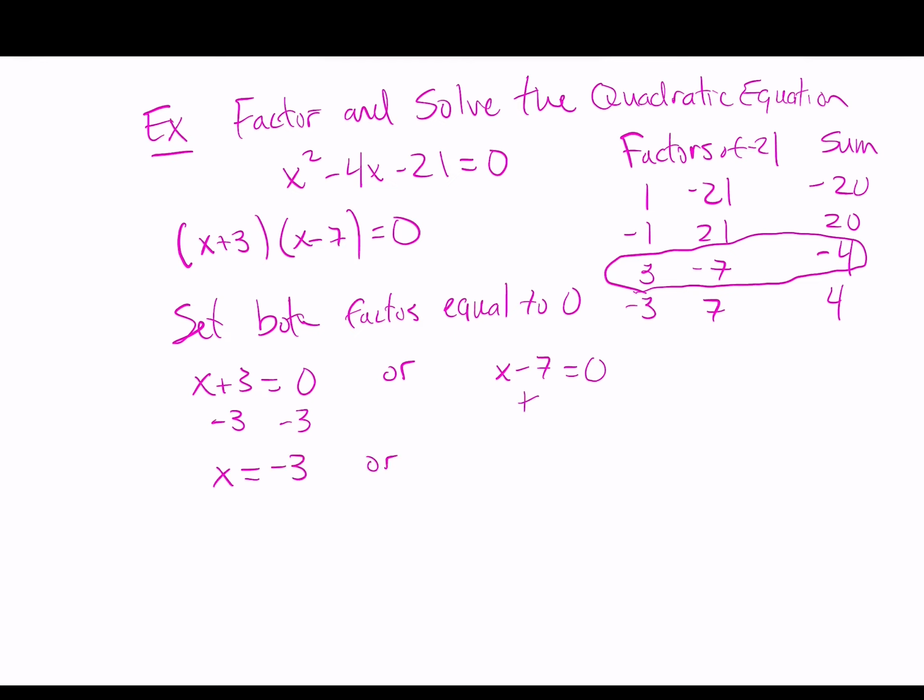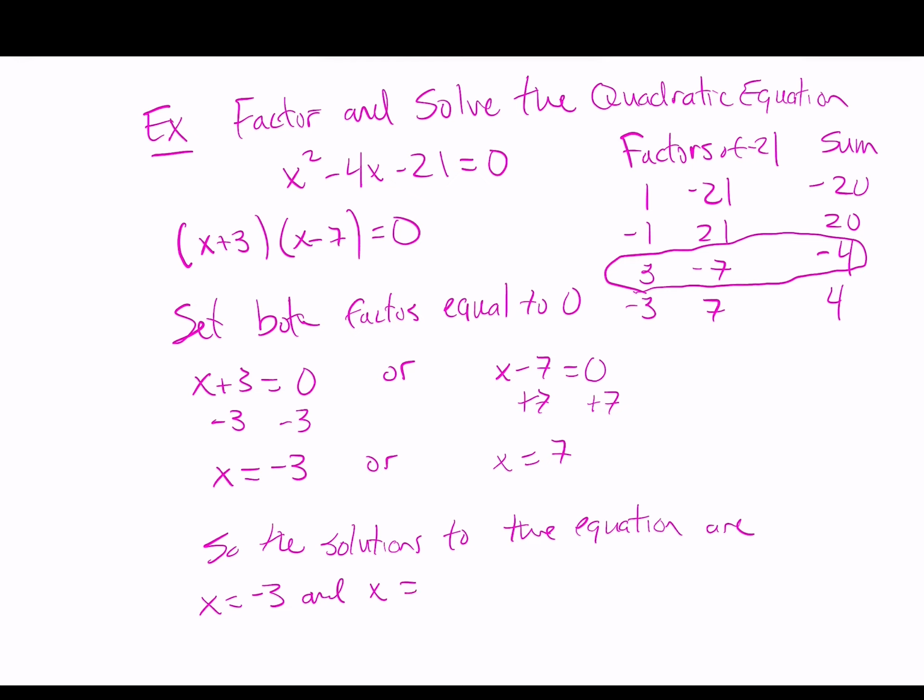Or add 7 to both sides of the other equation: x equals 7. So the solutions to the equation are x equals -3 and x equals 7. The solution set is the set containing -3 and 7.